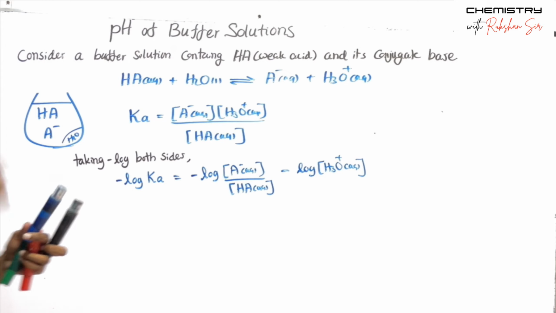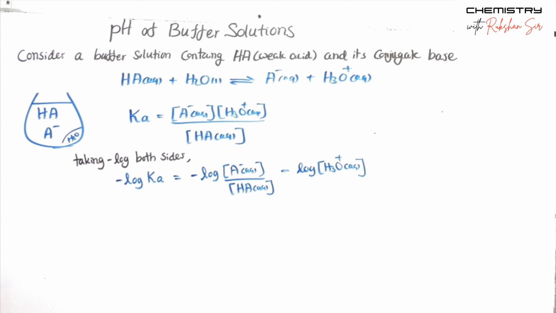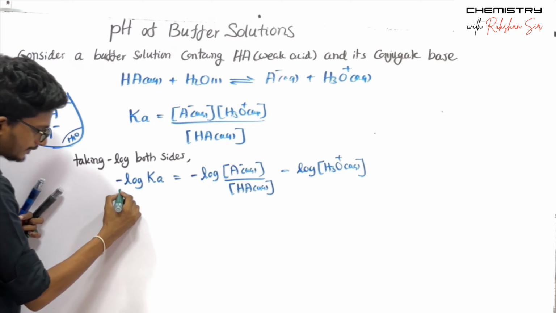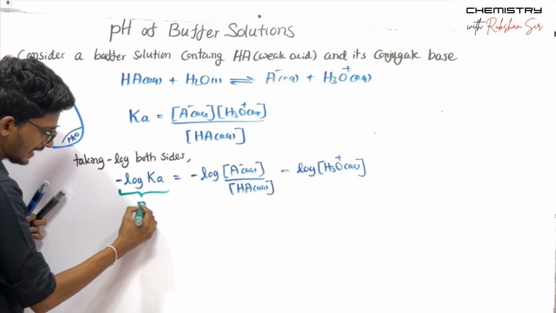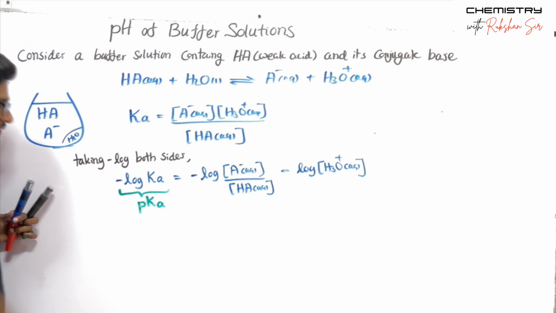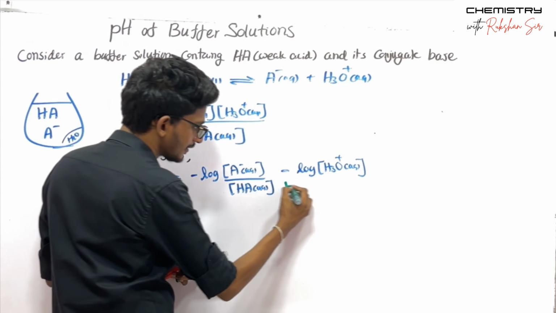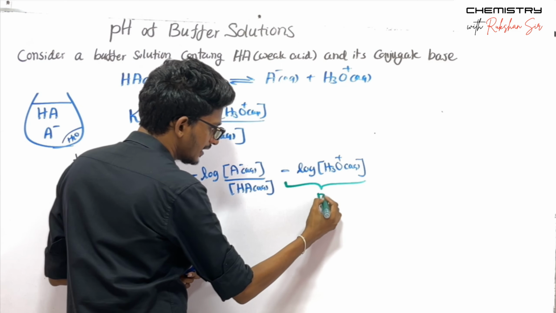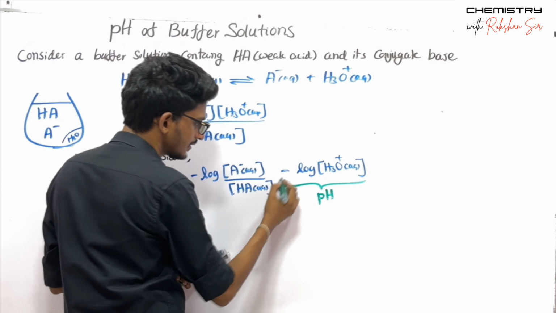Right? So this can be written as pKa. This can be written as pH, with this minus sign.